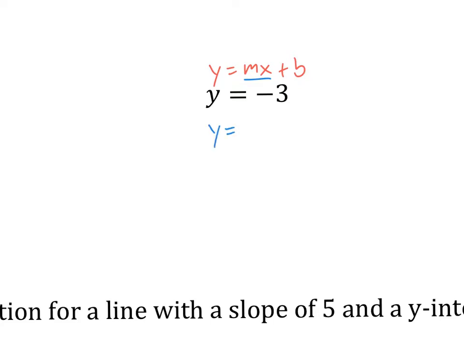So if we had y equals 0x plus, in this case, -3, that would be the same as y equals -3 because this 0x would just go away. Now that we've written it in y equals mx plus b form, we can identify that our slope is going to be equal to 0 and our y-intercept is equal to -3.